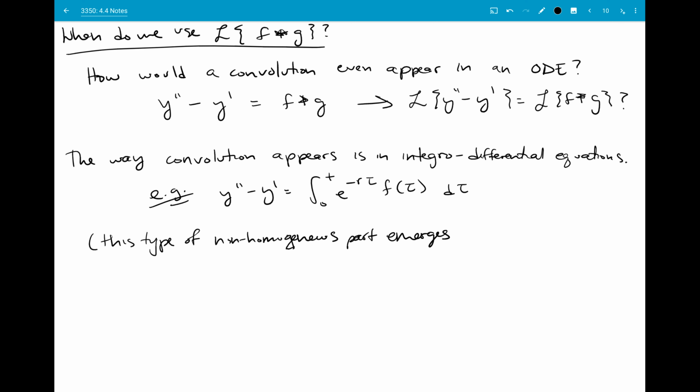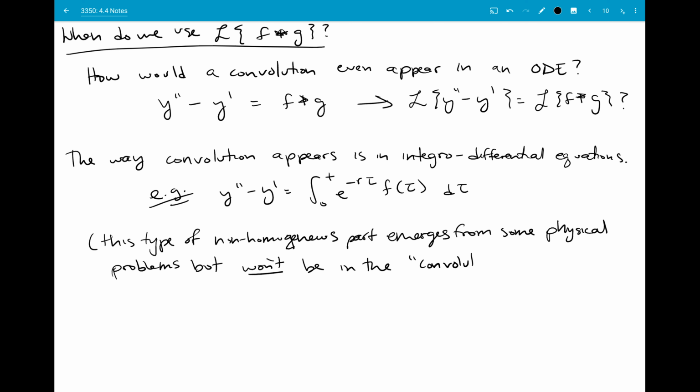It emerges from physical problems, but won't be in the, quote, convolution form. So see, this doesn't look like that nice f of tau, g of t minus tau, or whatever.